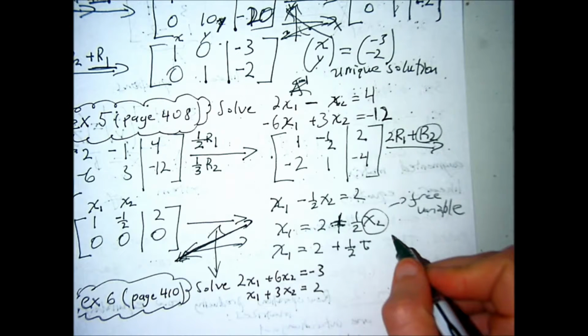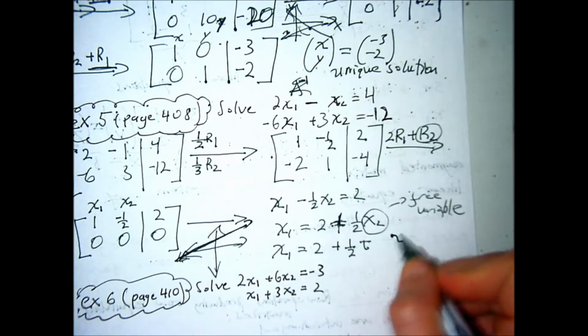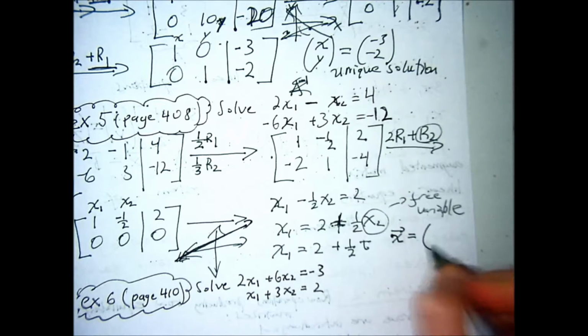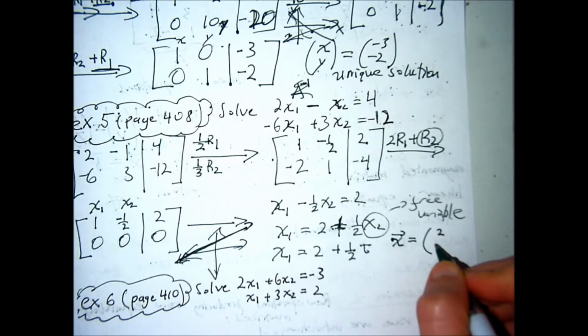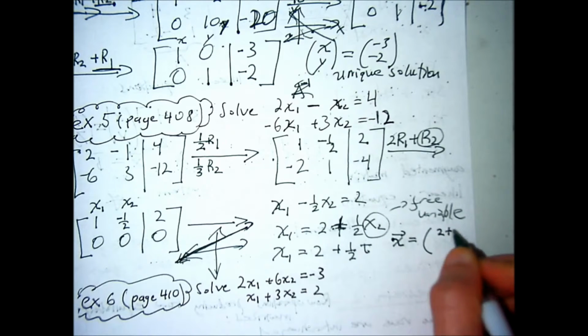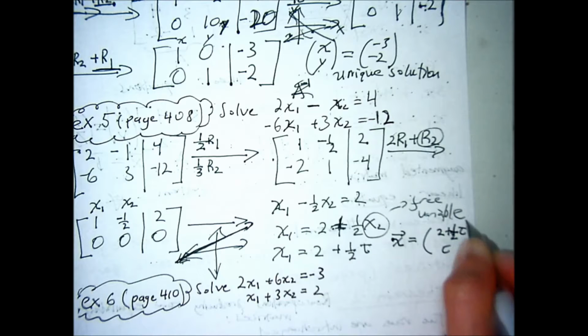So if I were to write it as a vector, I would write x is equal to, I'm sorry, 2 plus 1 half t and then t.